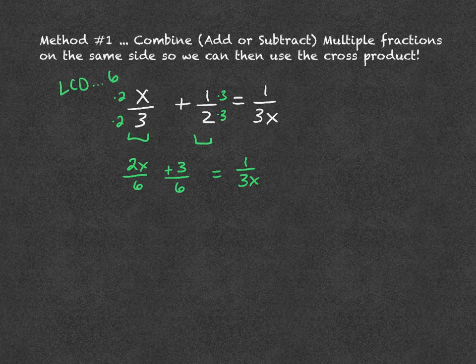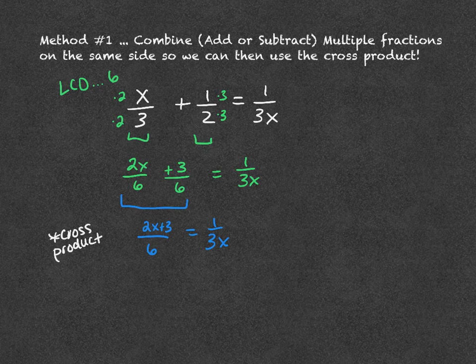Now that these have a common denominator, we can combine them into one fraction. They keep their denominators, and we add the numerators. At this point, when we have one fraction equal to another fraction, we can use the cross product. The first method was just adding or subtracting fractions, so we could go back to the method that we started with.